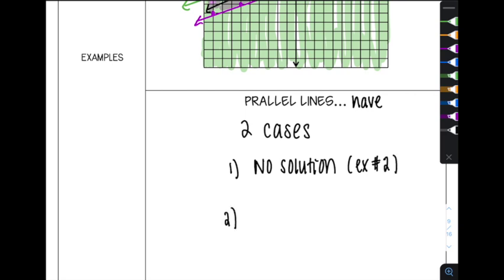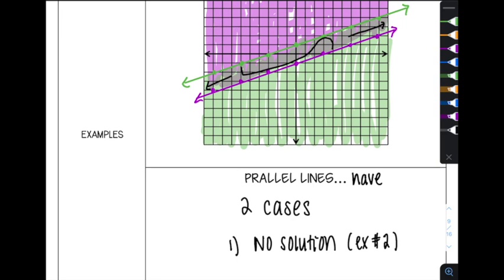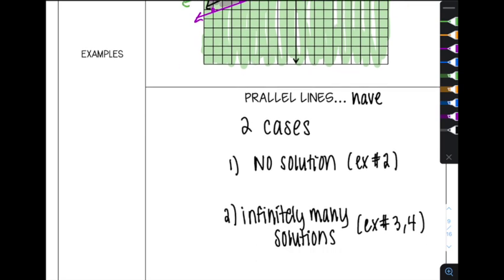And then it will also have infinitely many solutions, which was examples number 3 and 4, because they look a little bit different. So just so you can identify what infinite solutions is going to look like, you'll be good. And you know there are 2 different cases for infinitely many solutions for parallel lines. So 2 cases for parallel lines.